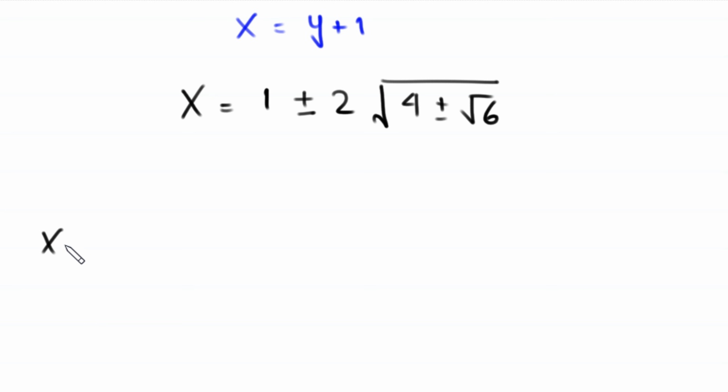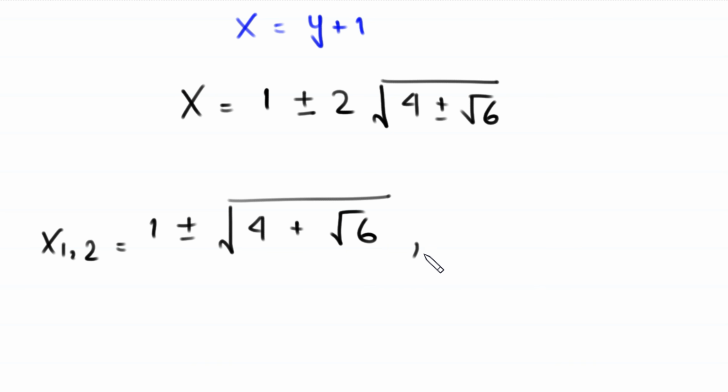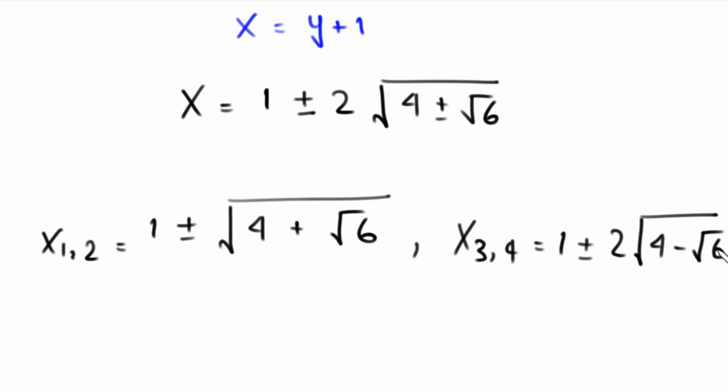It means that x1 and x2 are equal to 1 plus minus 2 times the square root of (4 plus root 6), and the third and fourth values of x are equal to 1 plus minus 2 times the square root of (4 minus root 6). And first we found that x is equal to 0. So we have 5 solutions for this equation.